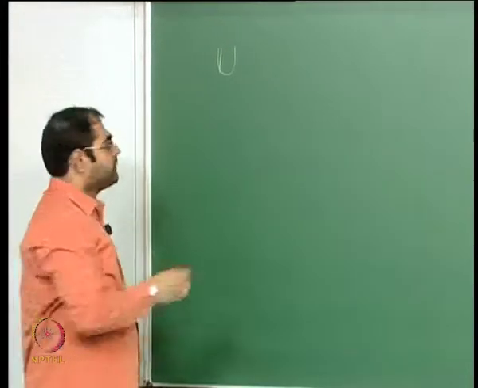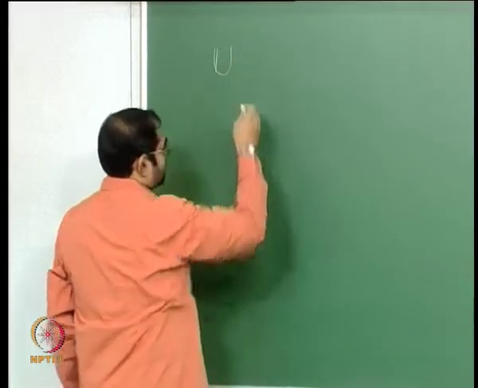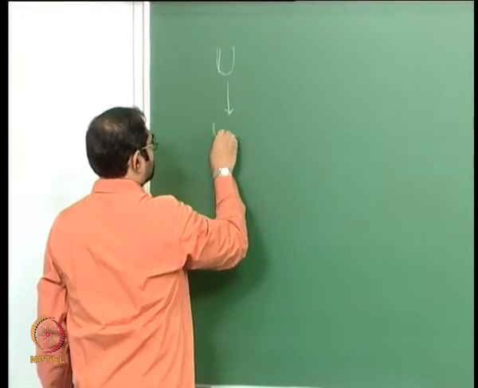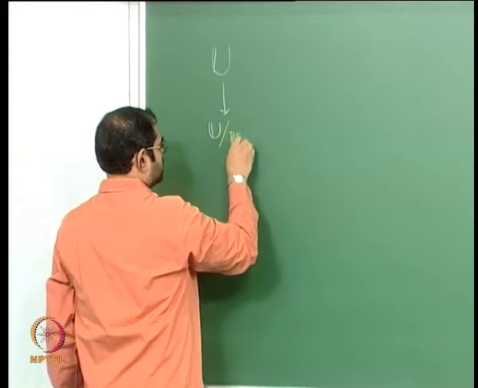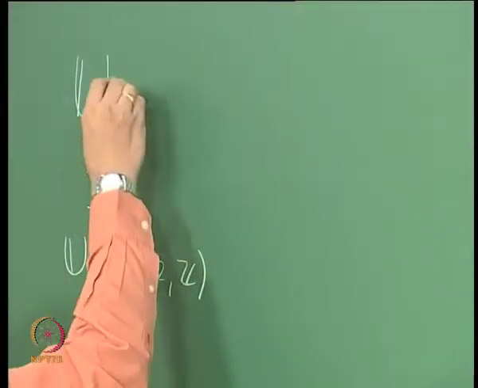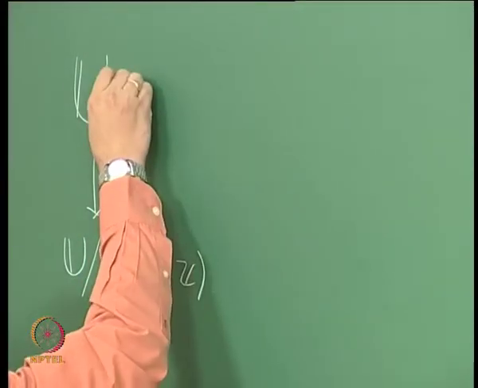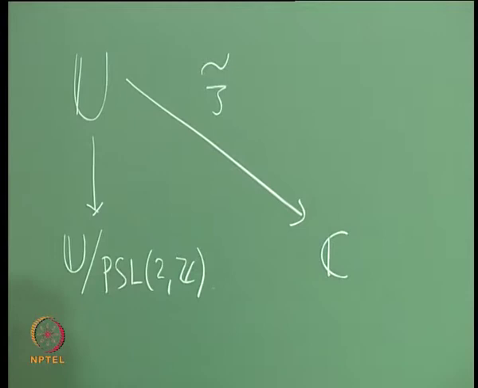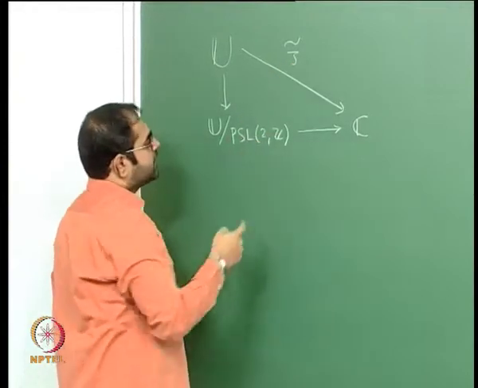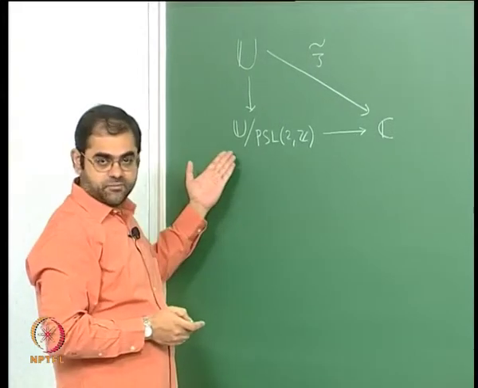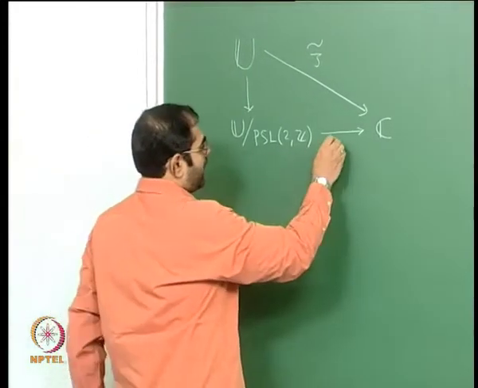Upper half plane, okay, and this is the upper half plane in the complex plane, and then we have the quotient of the upper half plane by the unimodular group, and we have defined a function j tilde which is holomorphic and takes complex values, and we have verified that this holomorphic function j tilde goes down to this quotient, which we know is a Riemann surface, and it goes down to a function j.